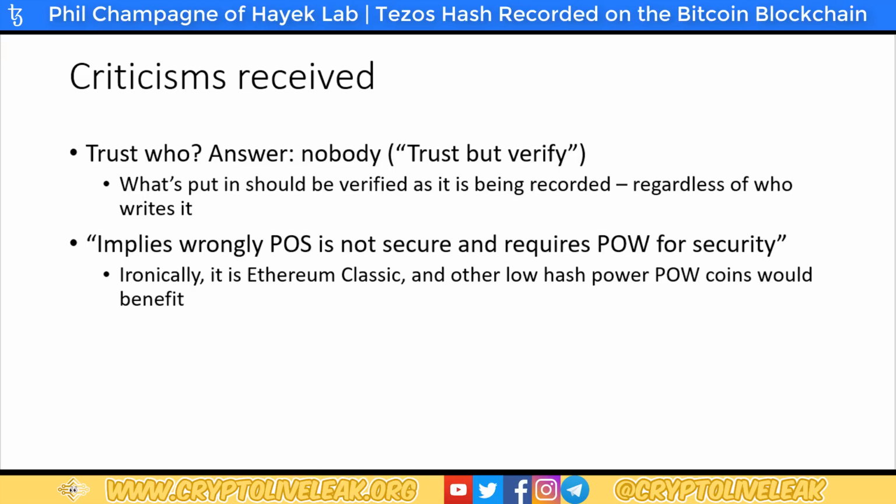I don't think it implies that. What's funny is that Ethereum Classic, for example, and other low hash power proof of work coins would benefit more from this feature than Tezos.